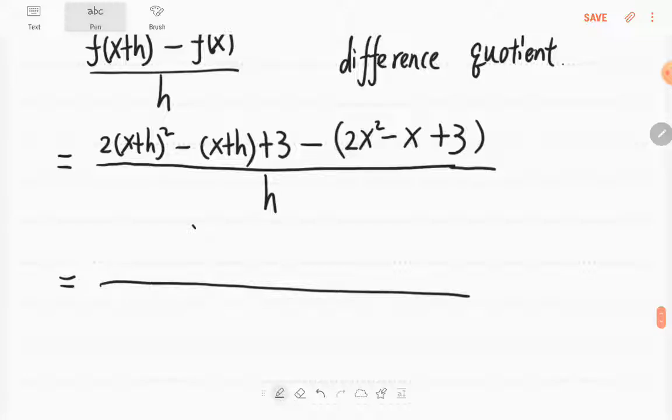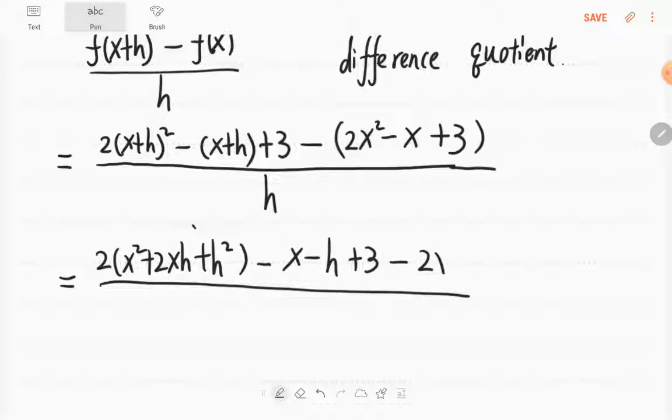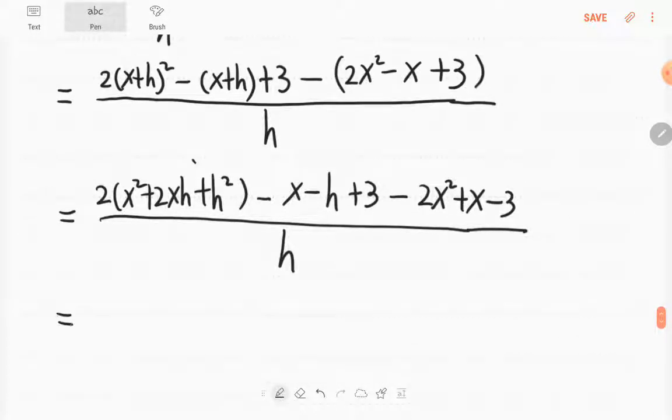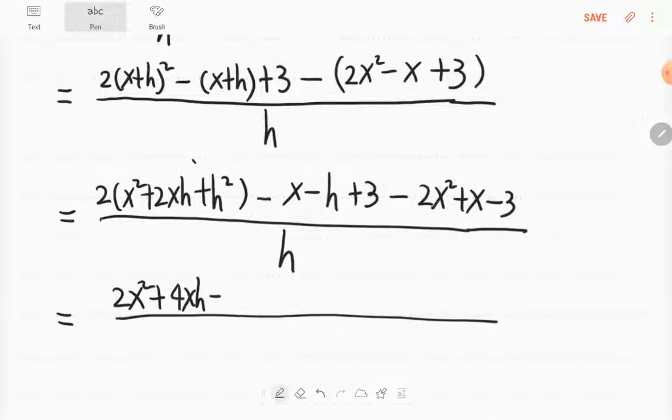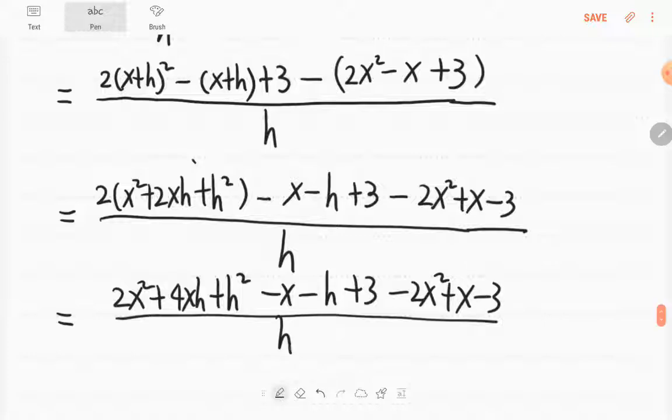So the next thing is we simplify. We expand it. This is 2 times (x squared plus 2xh plus h squared), right? This is the expansion, minus x minus h plus 3 minus 2x squared plus x minus 3. Then let's rewrite. This is 2x squared plus 4xh plus 2h squared minus x minus h plus 3 minus 2x squared plus x minus 3, over h.